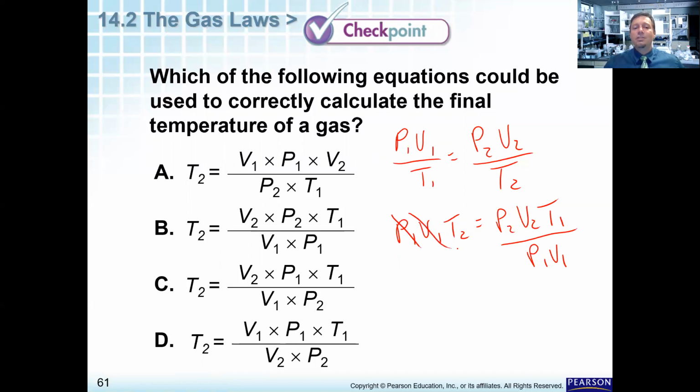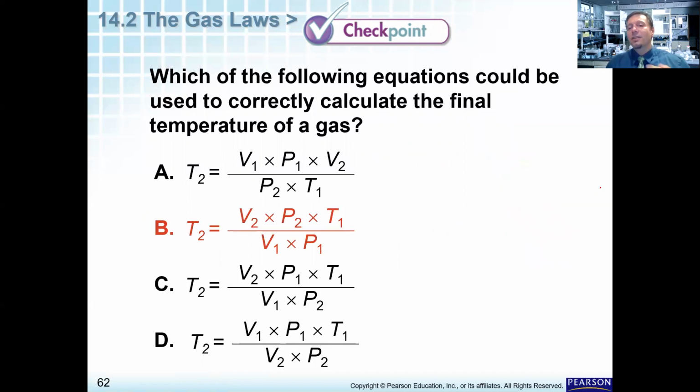So which one of these looks that way? We all have T2 here. When we look at this, it should be B. It has V1, P1 on the bottom, and V2, P2, and T1 on the top. Check, so that is correct. That's how you utilize the formula. Just change it around, isolate it, and plug in your numbers.